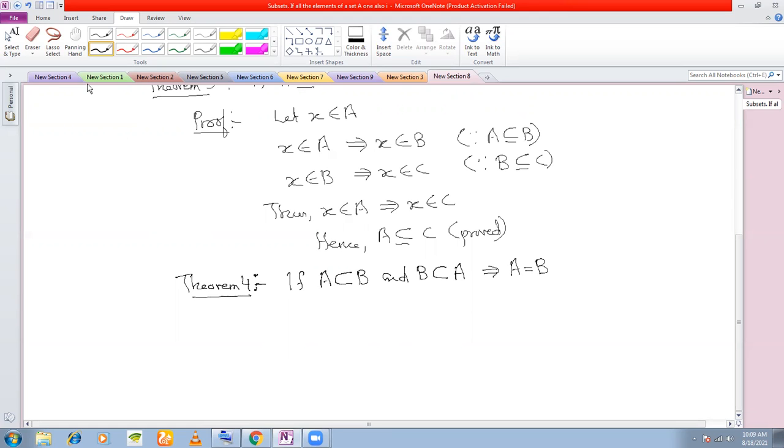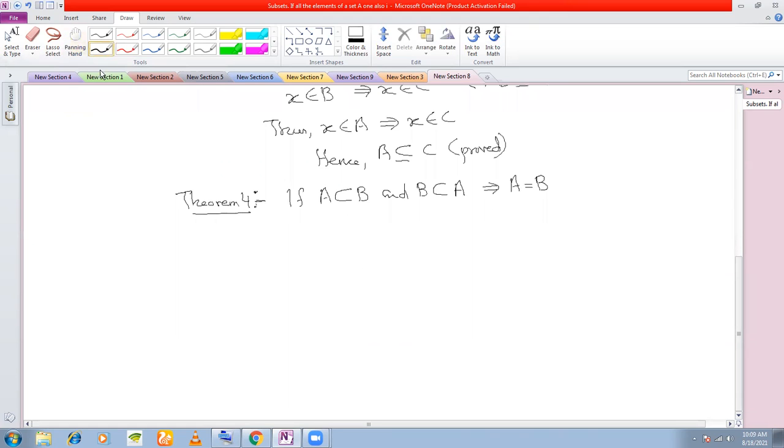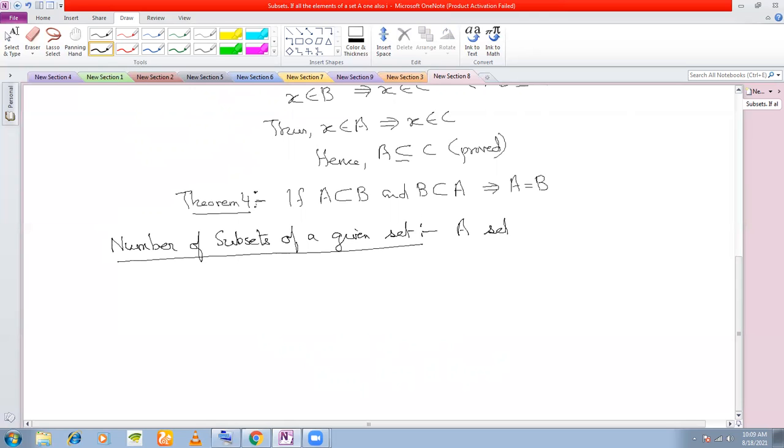Next is the number of subsets of a given set. This is very important for your multiple choice questions.